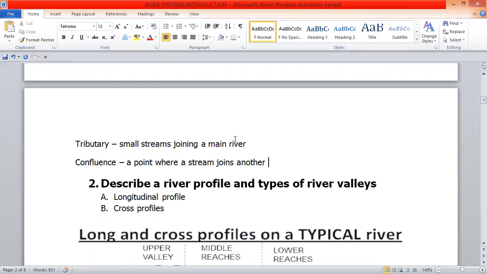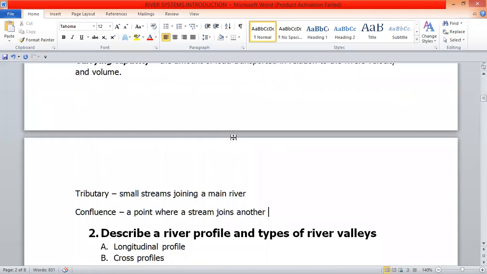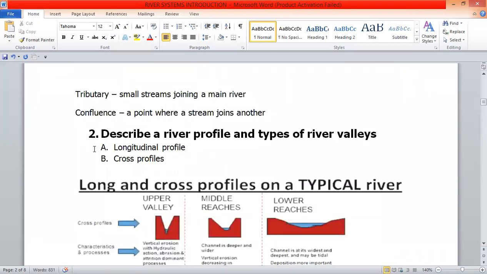And then the second objective, now that we are done with the definitions, is to describe a river profile and types of river valley. We will begin with the profile.